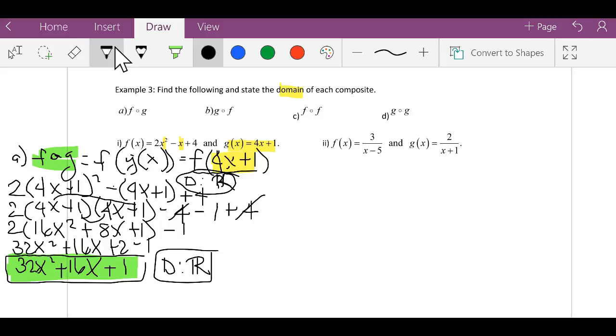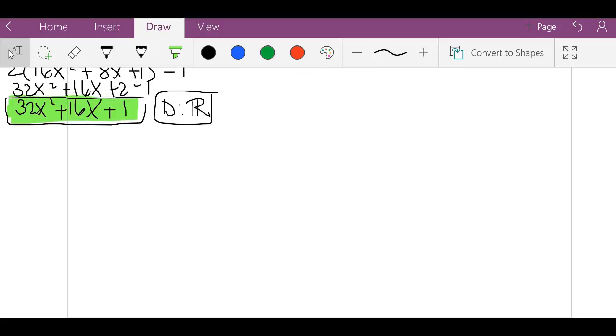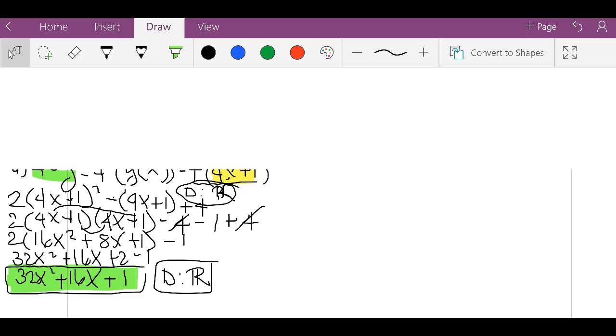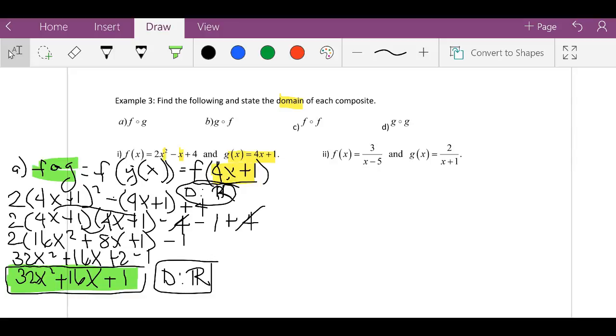All right. What I would like to do next is I'm going to ask you to do composition B and C on your own, which I have a lot of space for here. I'm going to make sure I'm not invading this space because I give you plenty of space down here.